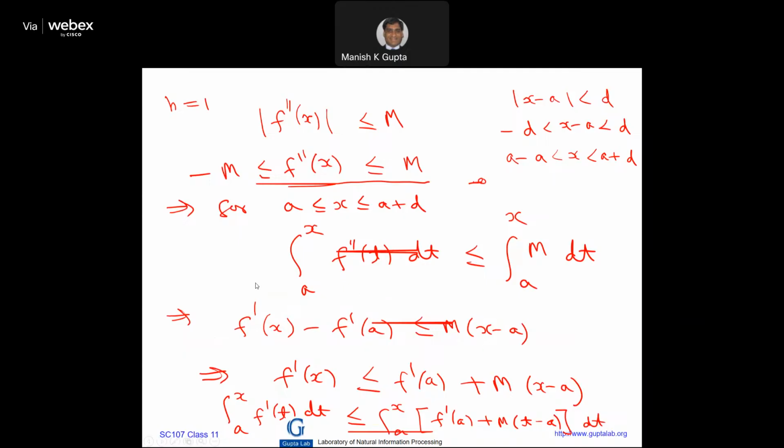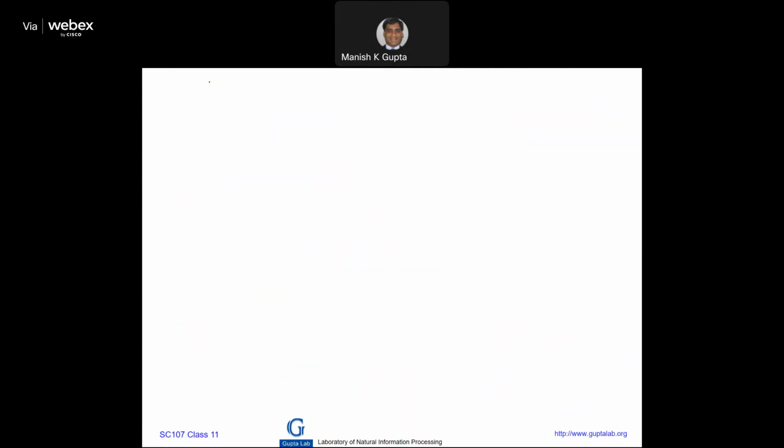Okay. So this implies that after simplification, we get f of x minus f of a less than or equal to f dash of a times x minus a plus M times x minus a whole square divided by 2. You can see that this is what you are going to get from here, right?